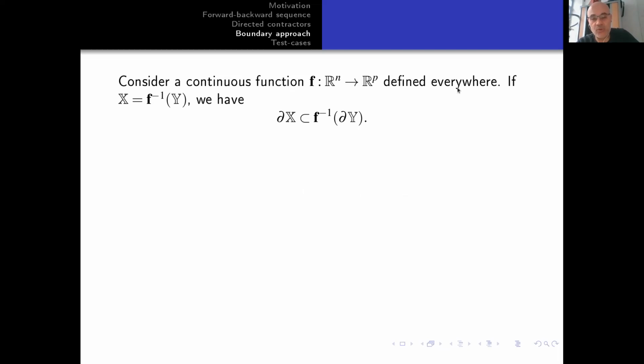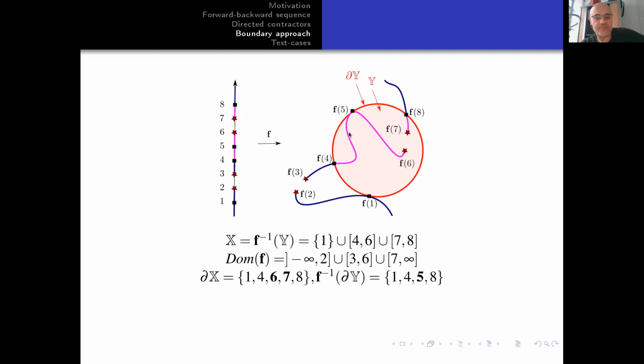It is important to verify this, so I have no square root, for instance. And in this case, it is known that the boundary of X is included in the inverse by f of the boundary of Y.